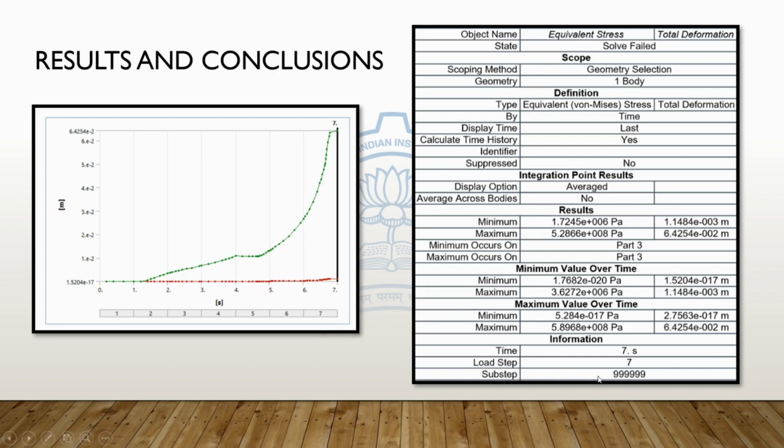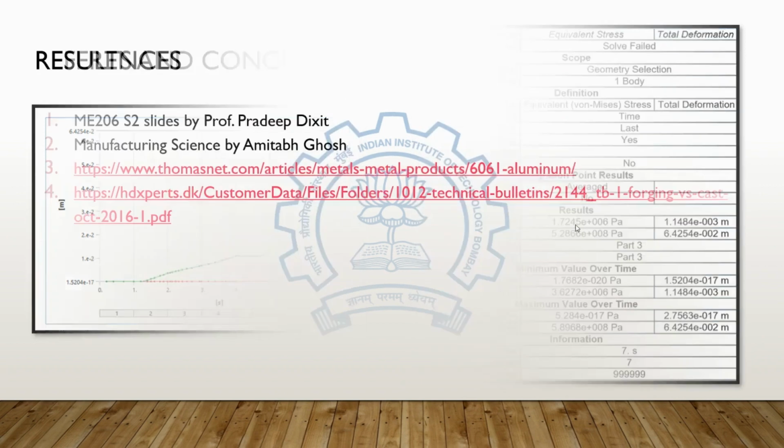We can see from the results that the minimum stress we encountered was around 1.7 megapascals, whereas the maximum was around 528 megapascals. Hence, it is much more than the yield point of aluminium, and we can say that the deformation is definitely a plastic deformation.